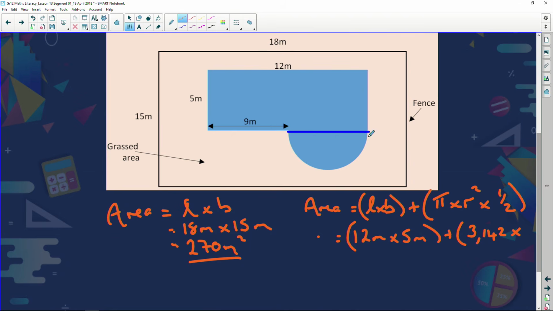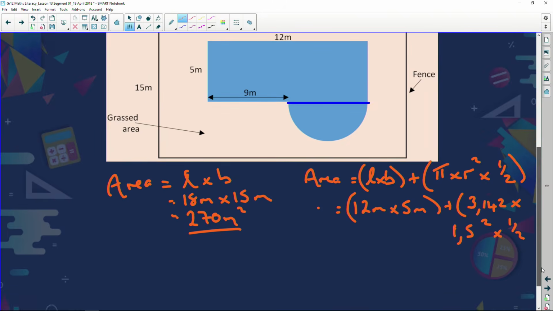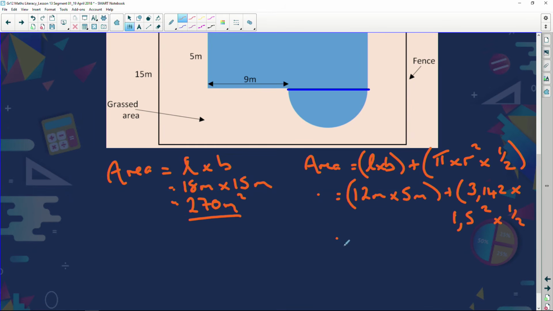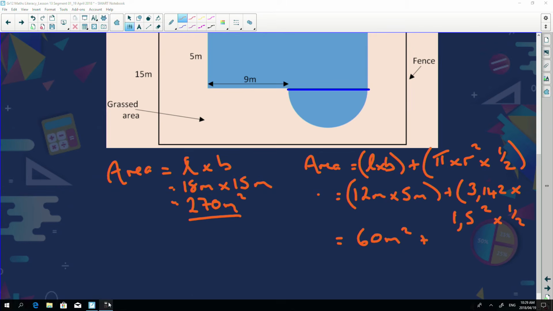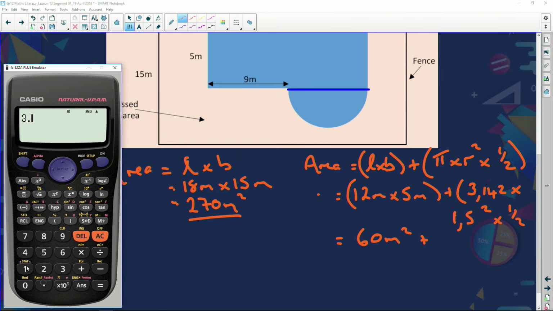Now, folks, what is this line? If that's 9 and that's 12, I know this line is 3 meters, but that's the diameter. So the radius must be 1.5 meters, and I'm going to square it, and then times a half. So now let's fill in all these weird and wonderful answers. 12 fives we know are 60 meters squared, plus 3.142 times 1.5, and we're going to square that, multiplied by a half, or 0.5, and there's my answer.